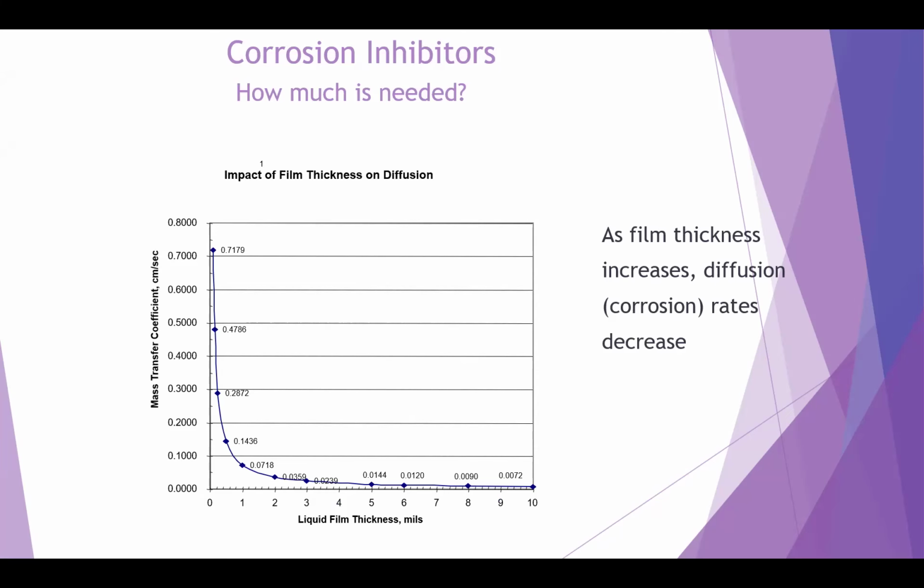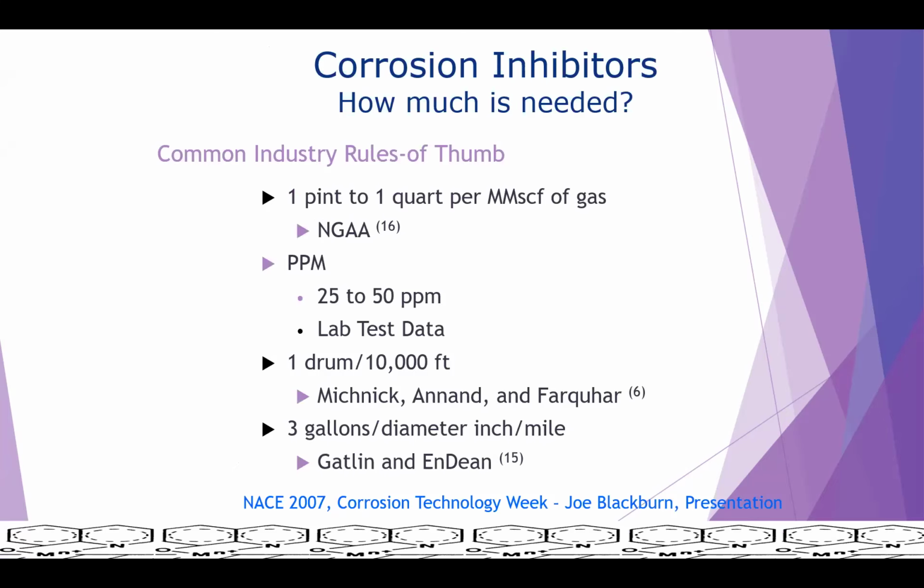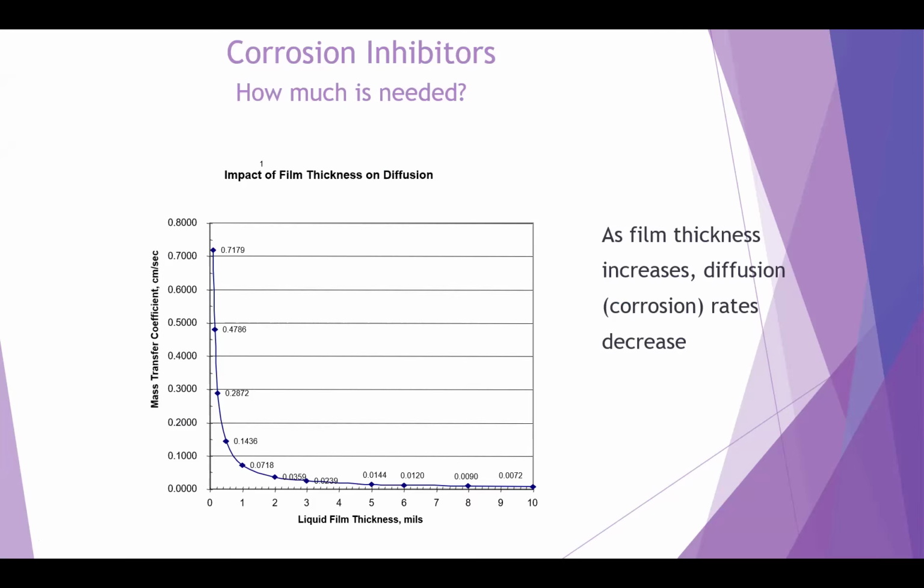As the film thickness increases, the diffusion rate decreases. As a consequence, the corrosion rate decreases. What Dr. Hackerman's lab found was that when you have a 3 mil thick inhibitor film on the surface, you will reduce the corrosion rate to a very small amount. All these 16 criteria that are being used widely around the world are based on this work done in the 1940s and 1950s.